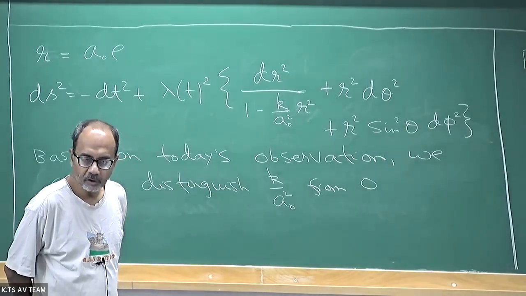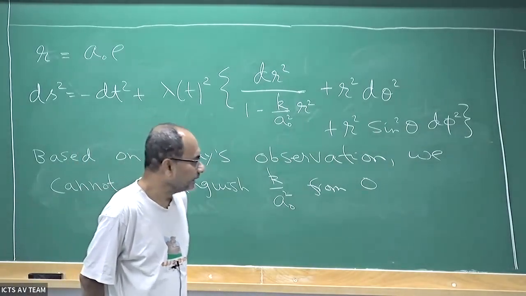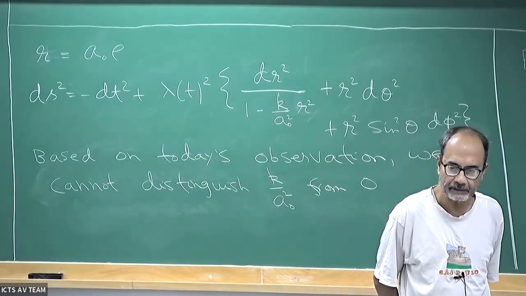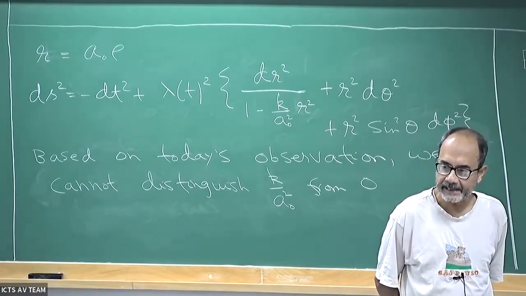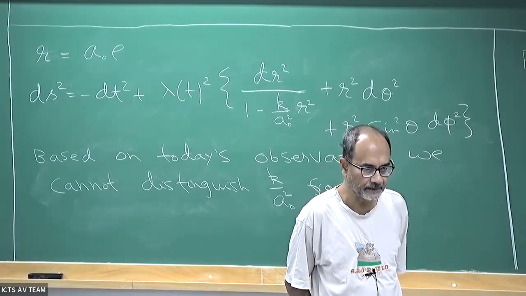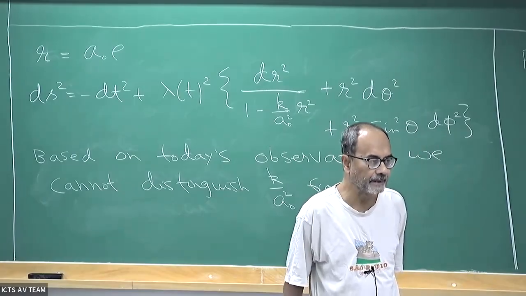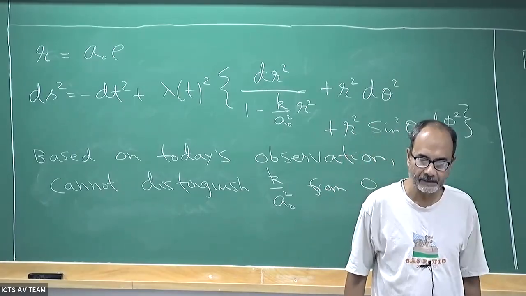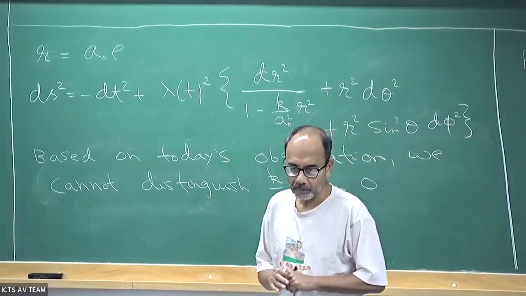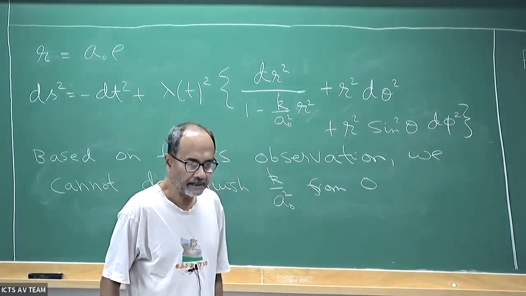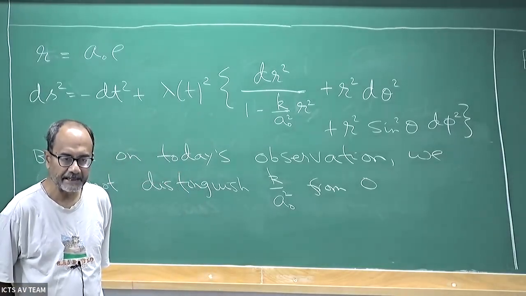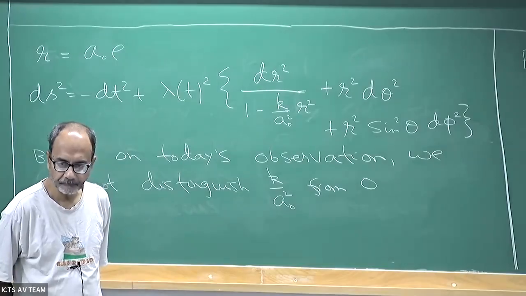So, in other words, for any calculation that we want to do for the universe that we know, we can simply set K equal to 0. We will keep K for some time, because ultimately you want to know why K over A0 square is indistinguishable from 0, how it's measured. But once you accept that it is measured and it's indistinguishable from 0, we can just set K equal to 0 in all our calculations.